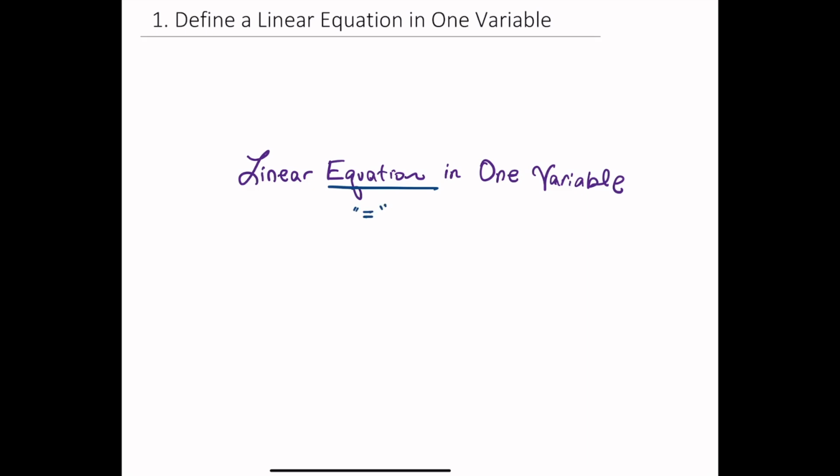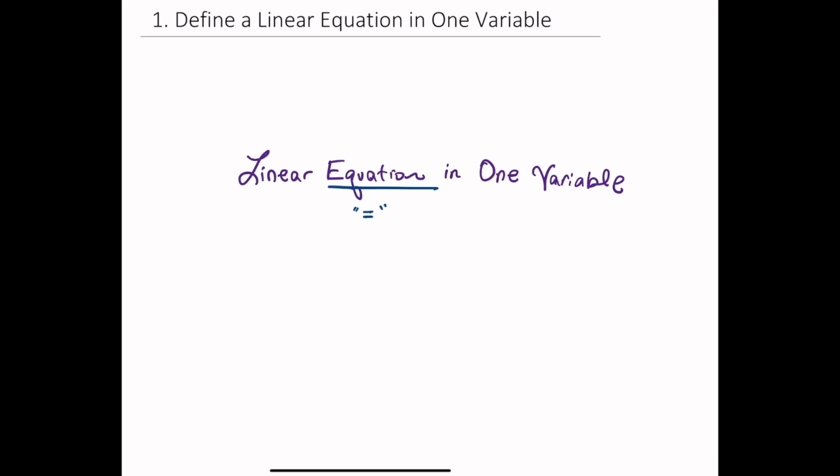We're going to define a linear equation in one variable. So what makes something an equation, which I'm sure you've seen, is that it's two statements that have an equal sign in between, saying that they're equal to each other.